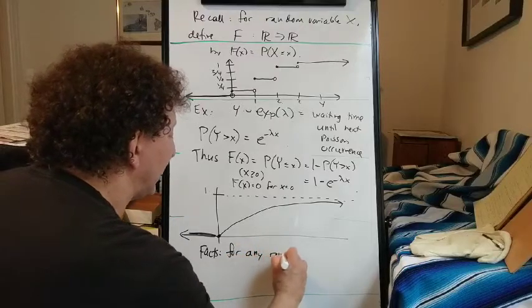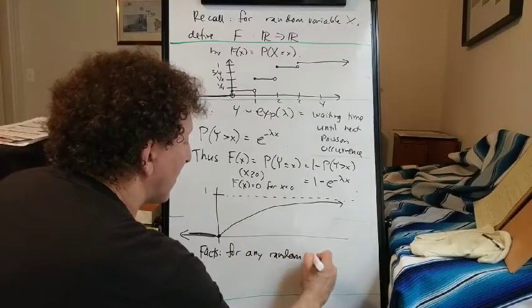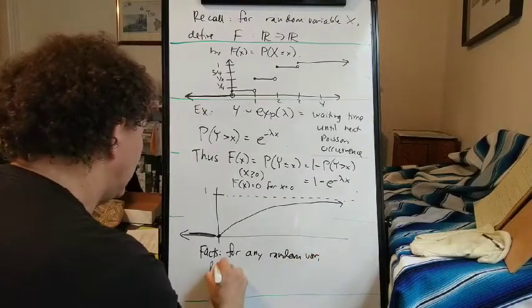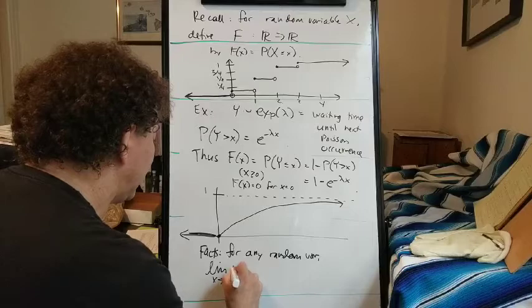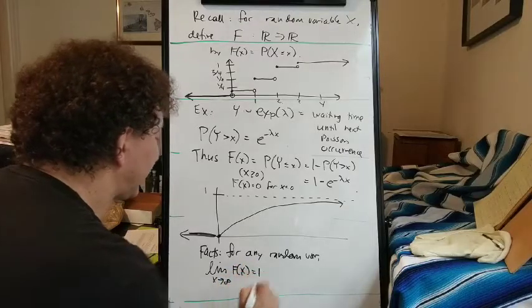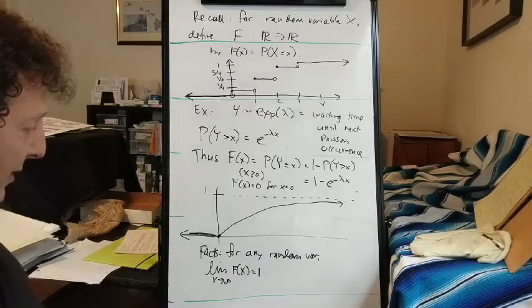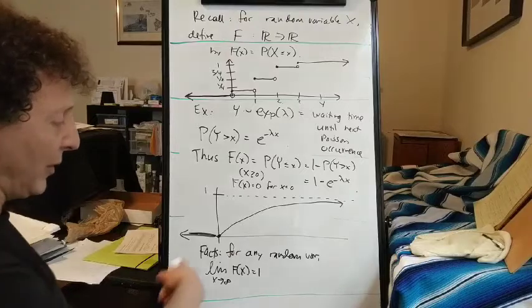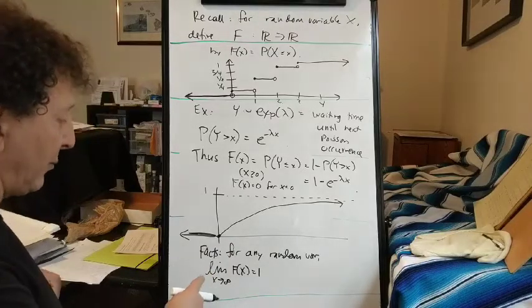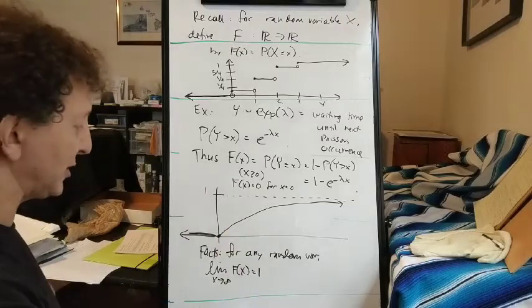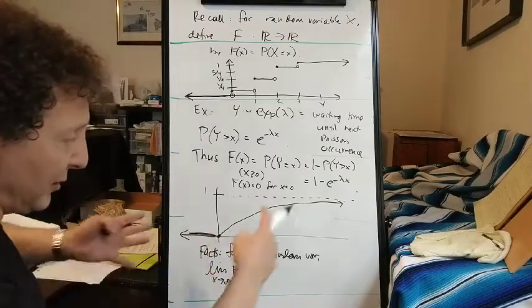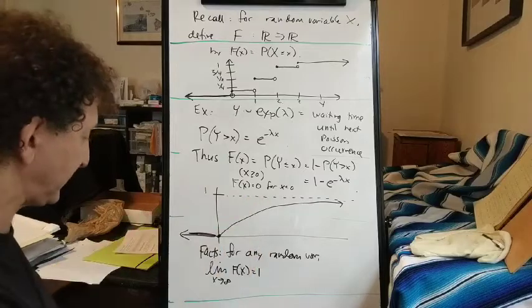So for any random variable, if we look at the limit as x goes to infinity of F of x, that equals 1. So for whatever values it can take, the probability of getting less than or equal to some very, very large number gets close to 1 because all the values are somewhere.